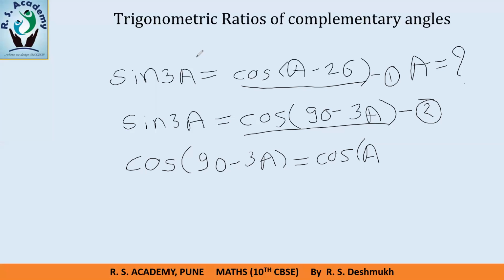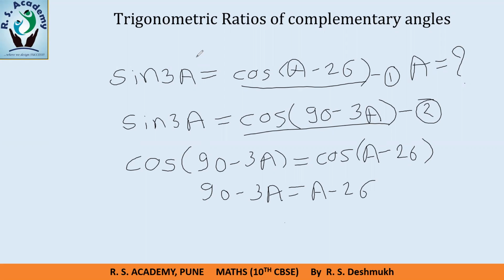Now on both the sides the function is same, that is cos, that means the angle should be same. If the function is same, don't cancel out the cos. That is one more thing. We are saying that the functions are same, therefore the angle should be same, and therefore I can say 90 minus 3a is equal to a minus 26.